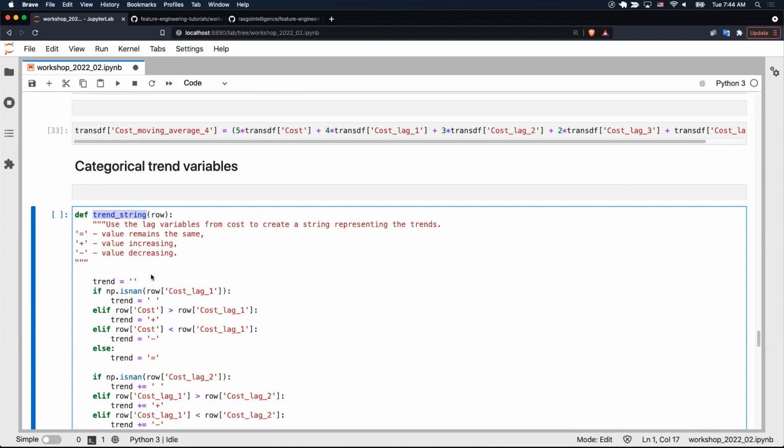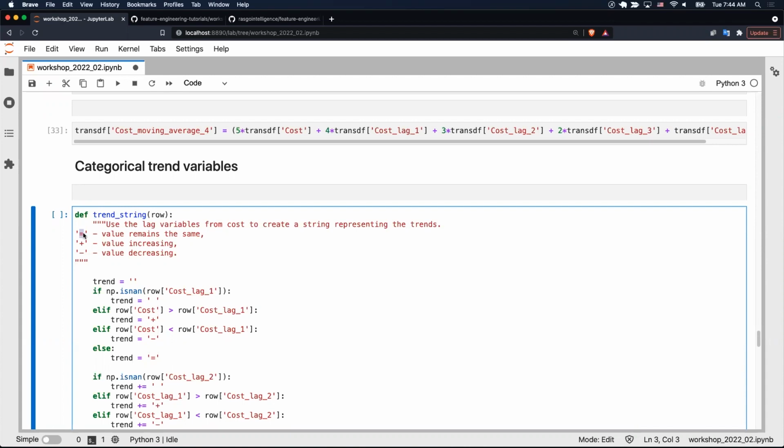So the first value of the string, I'm going to replace with equal sign if the cost between the current purchase and the purchase 1 transaction ago is the same. I'm going to replace that value with plus if the current purchase is larger than the purchase 1 transaction ago, and replace that value with a negative sign if the current purchase is smaller than 1 transaction ago.